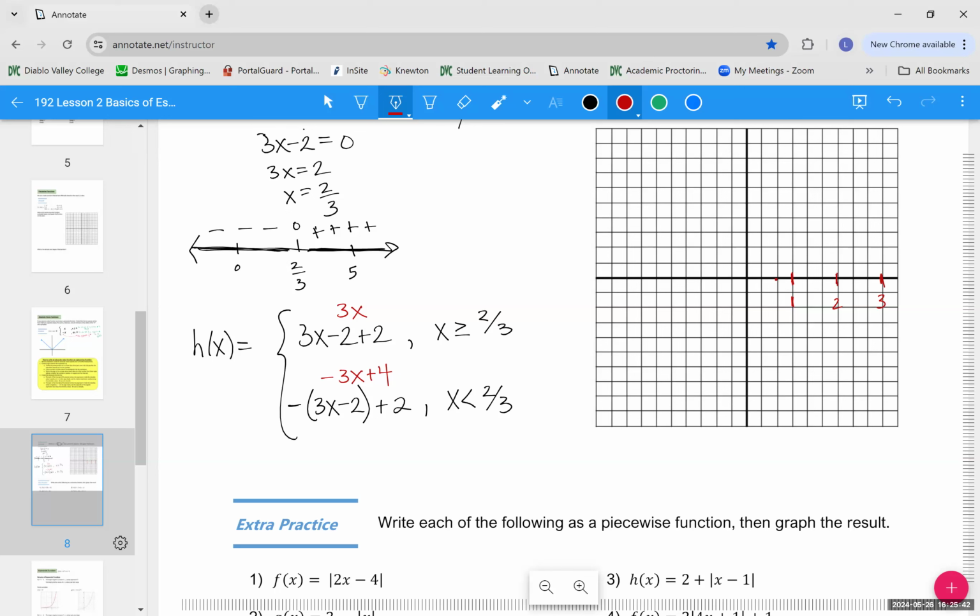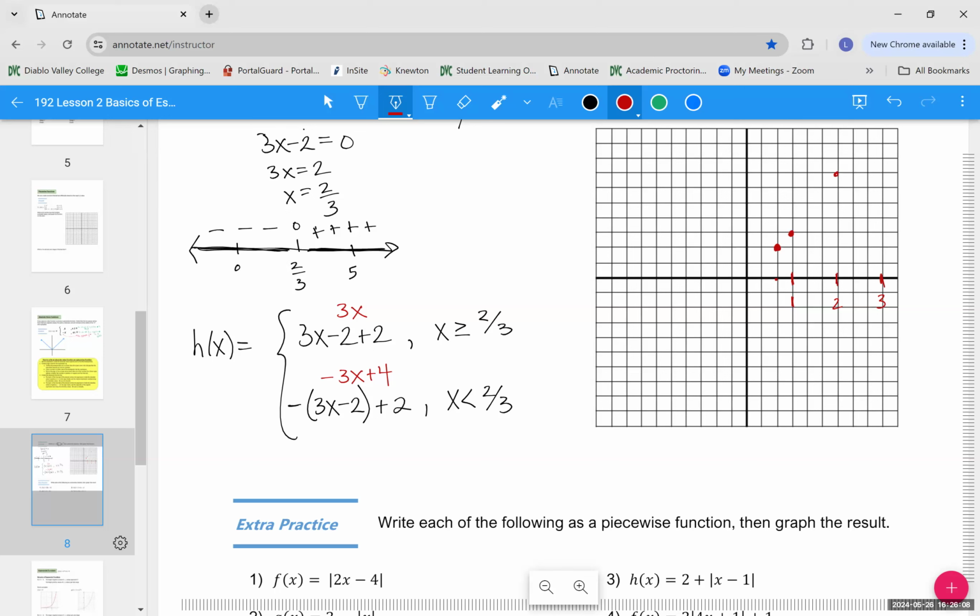I plug that in here, I would get 2. And then I'm going to go up from there. On the right side, it's just going to be good old 3 times x, so 3. And then by the time I get to 2, it'll be up here at 6.